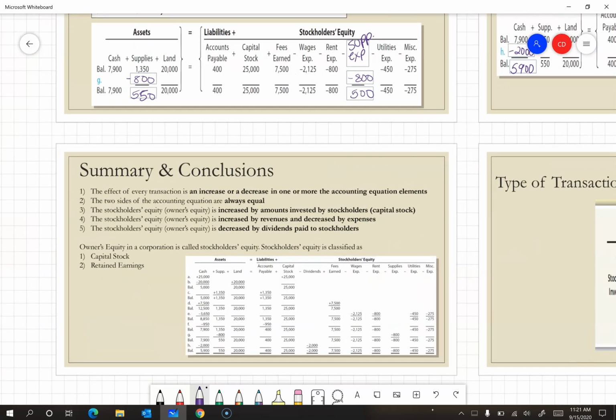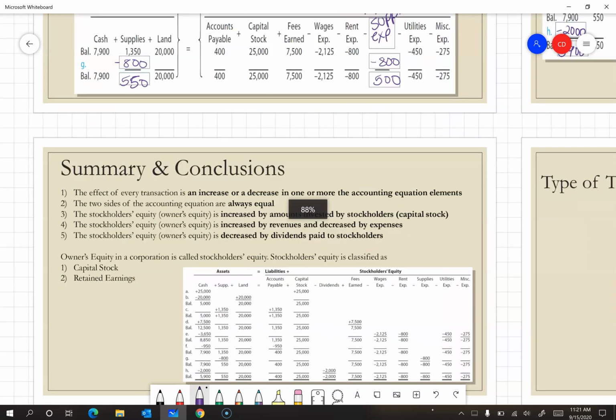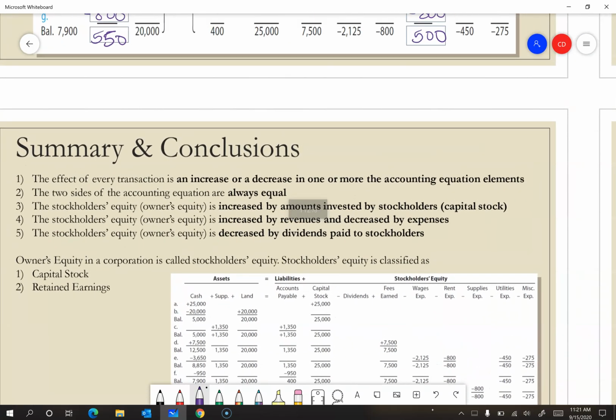So let's look at the summaries here. And you guys should be familiar with these. The effect of every transaction is an increase or decrease in one or more of the accounting equation elements. Okay, if they're on the same side of the equation, one's got to be an increase and one's got to be a decrease.